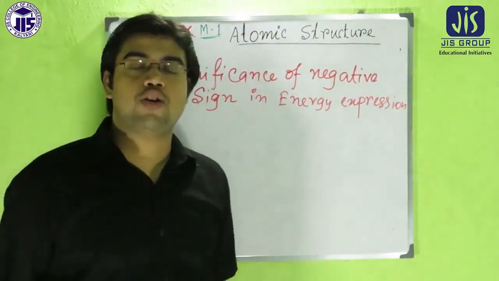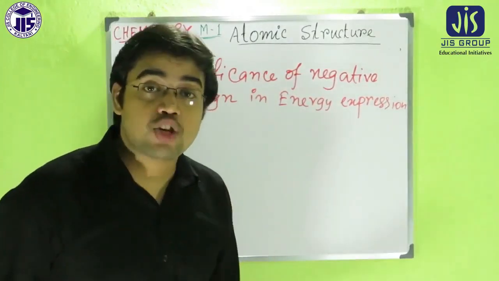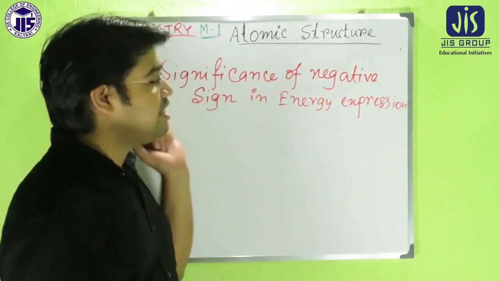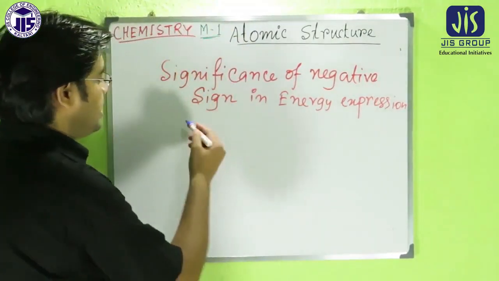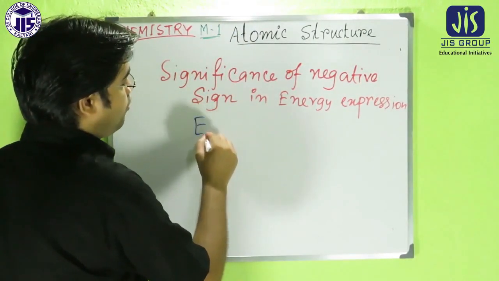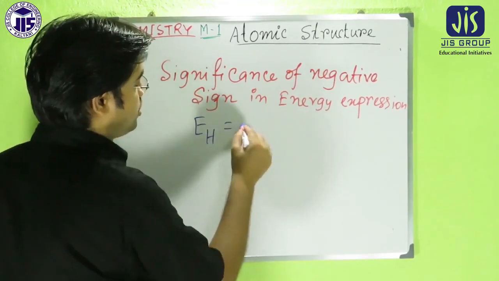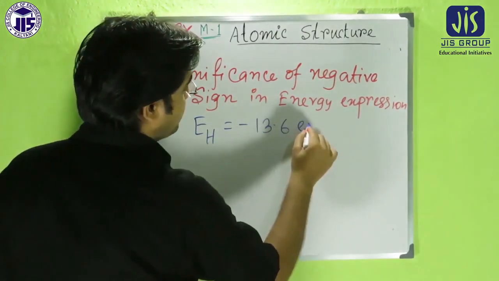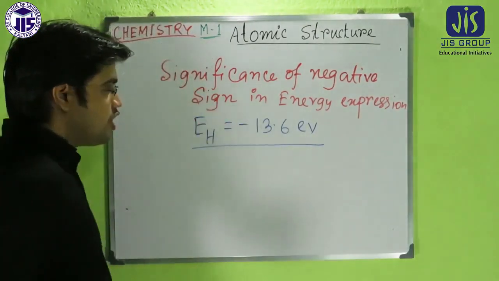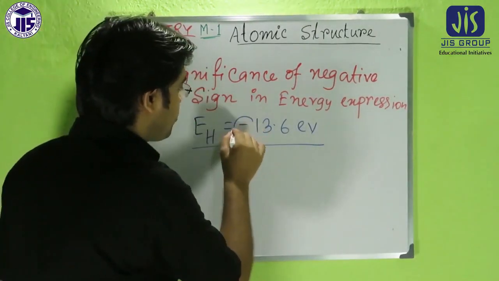Now, from the next part: what is the significance of the negative sign in the energy expression? That is also a very important question. We discussed that for the hydrogen atom, E is equal to minus 13.6 electron volt. So what is the significance of the minus sign?